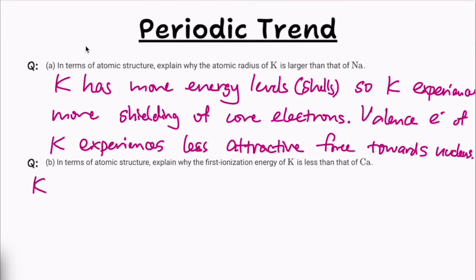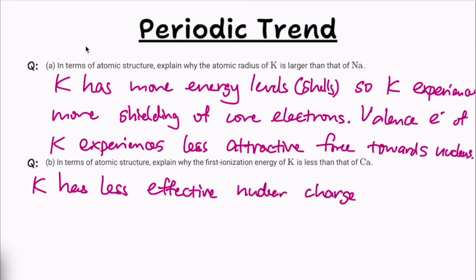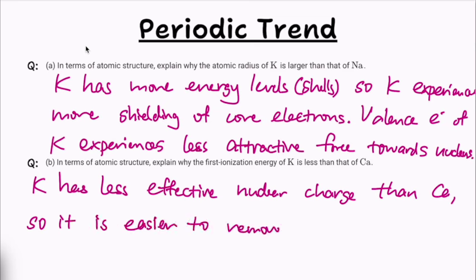So, potassium has less effective nuclear charge than calcium. So, it is easier to remove the valence electron from potassium compared to calcium.